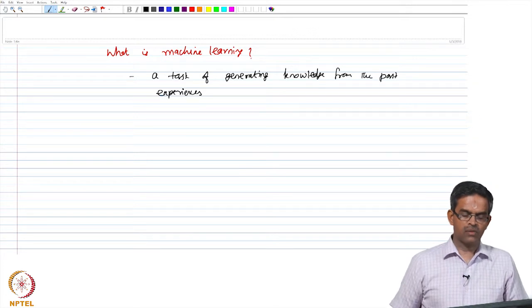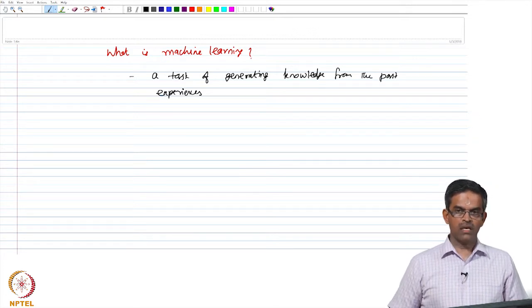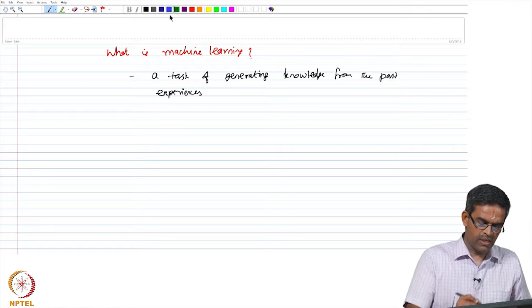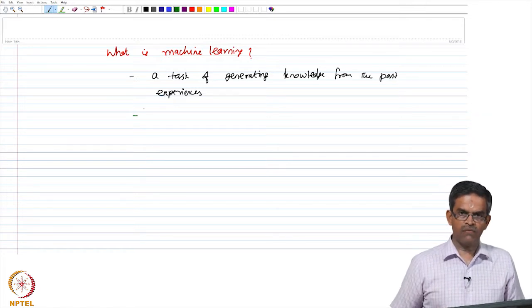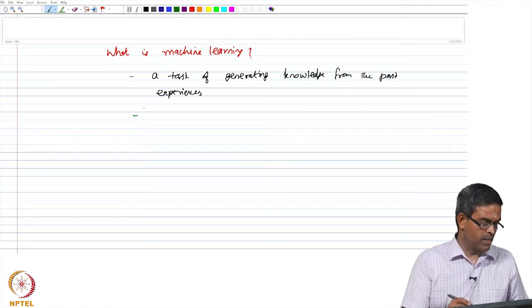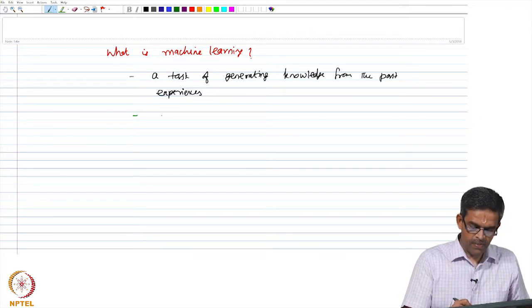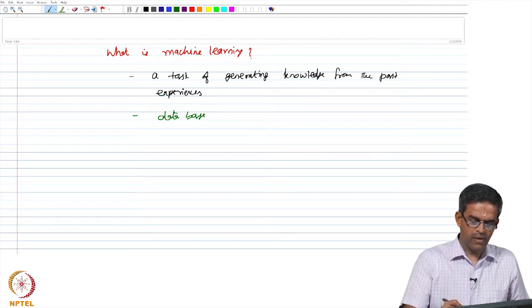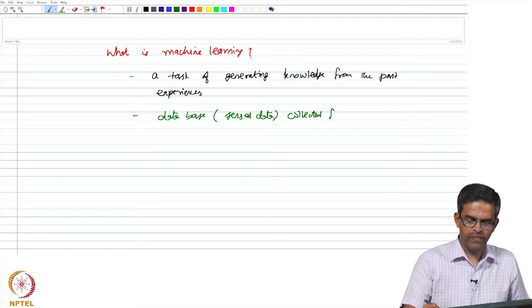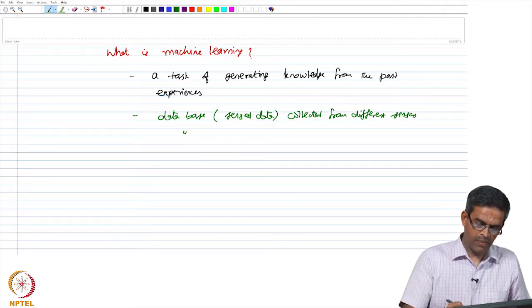Now, the question comes, how machines can get experience? Interestingly, the experience here does not refer to the working kind of the machinery, but it is a database or sensed data collected from different sensors in the past.